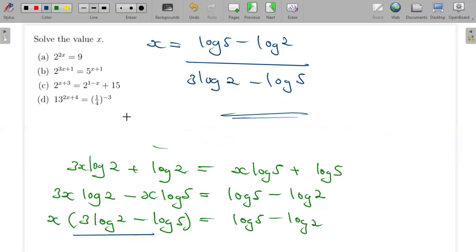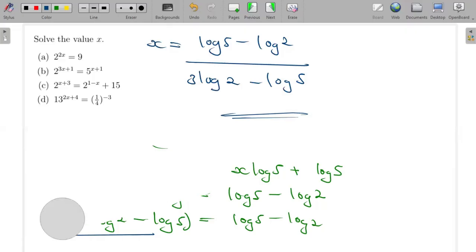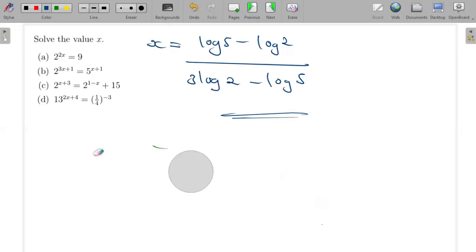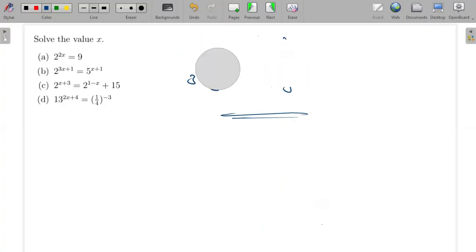Okay, so let us then continue. So what is the next one? So the next there, they're telling us to find this equation here. Okay, let me erase there.